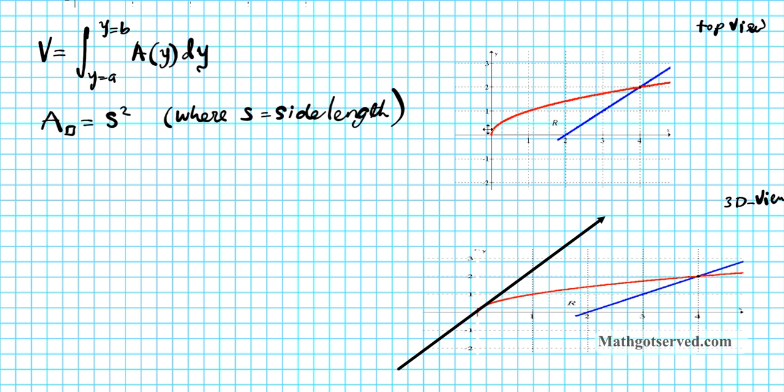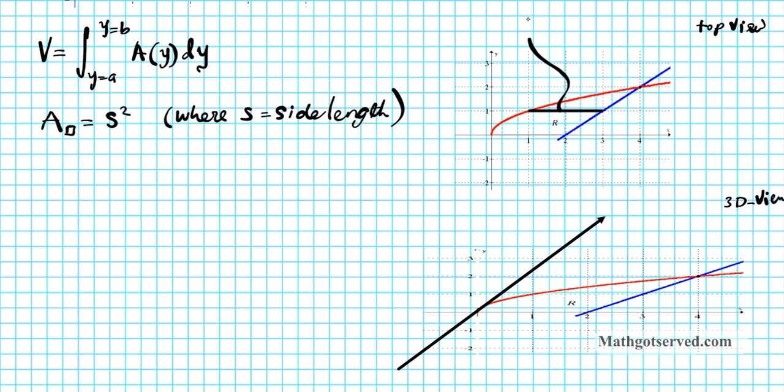Now remember, the cross-section is perpendicular to the y-axis. So let me just draw one of the squares. This is the base of one of these squares, like that. Okay? And guess what? This is s.